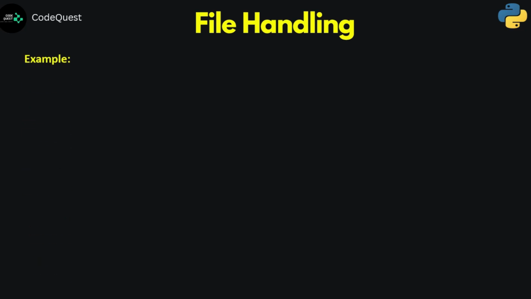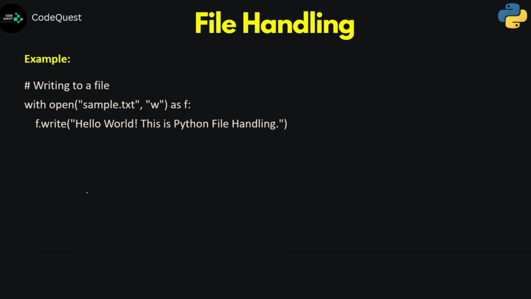Now let's see an example here. Let's say we have used with open sample.txt. This is the file that we have opened in writing mode, and let's say I'm writing this message: hello world, this is a Python file writing.